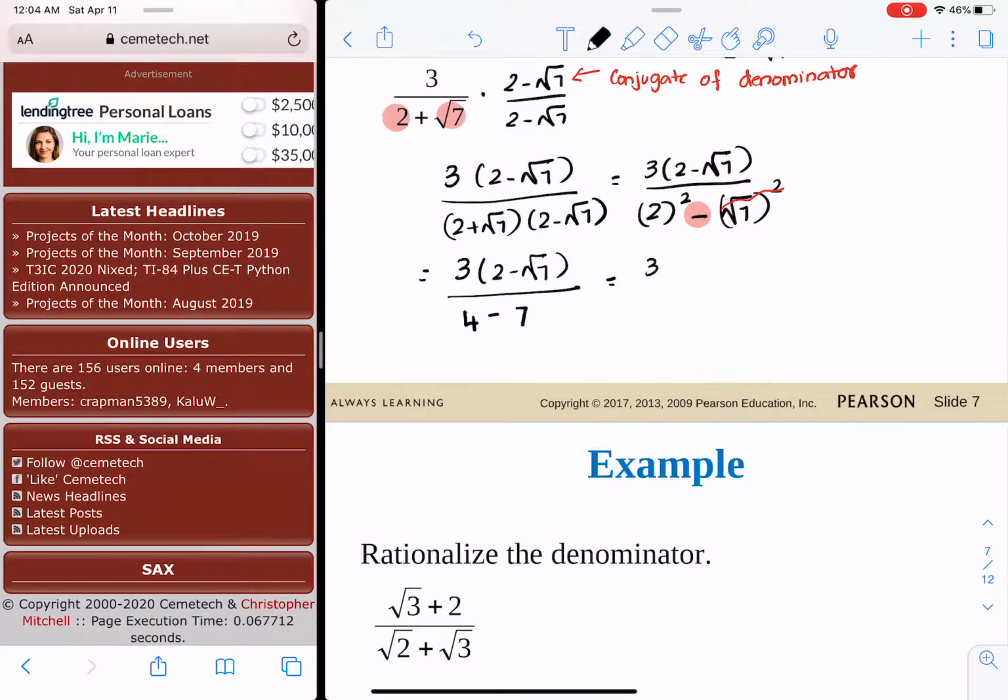So the numerator is 3 times 2 minus square root of 7 divided by 4 minus 7, which is simply negative 3.